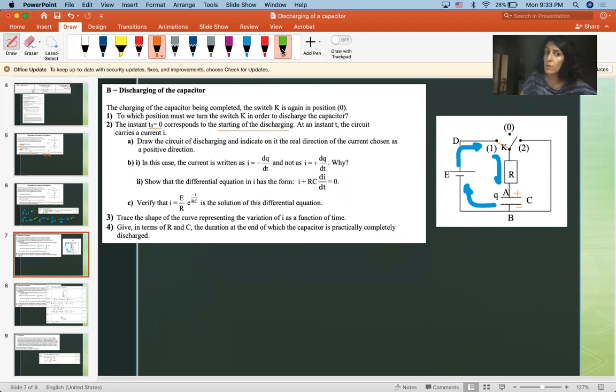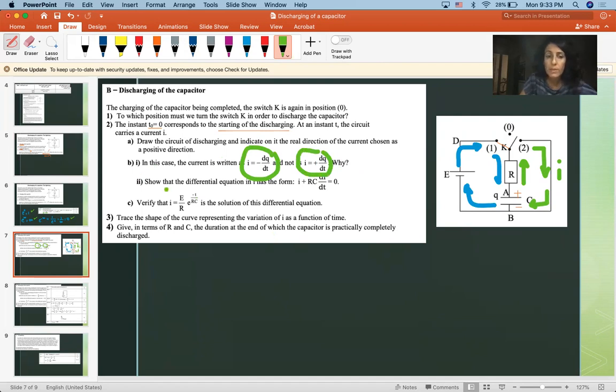Remember, it charges itself like this, and it discharges in the opposite direction. So the discharge is going to happen like this. You're supposed to show the green arrows for the current. Then they say, explain why it is minus dq over dt or positive dq over dt. You say it has to be negative because the current is opposite to the original one.